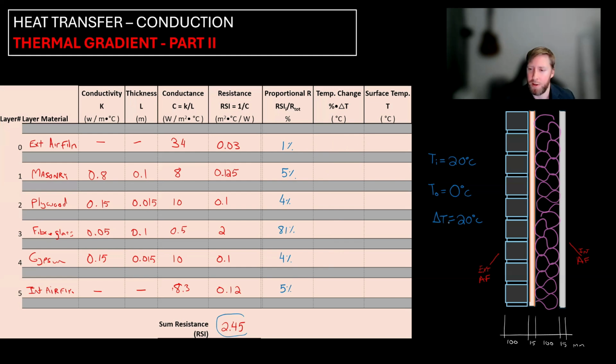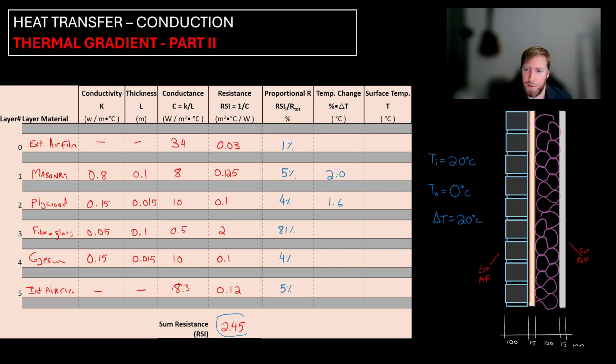So let's just try with an example of 1%. So 1% of 20, I have 0.2 degrees Celsius. Or 5% of 20, I get 1 degree Celsius. And then 4%, it's 0.8. And 81%, I've overestimated it here.